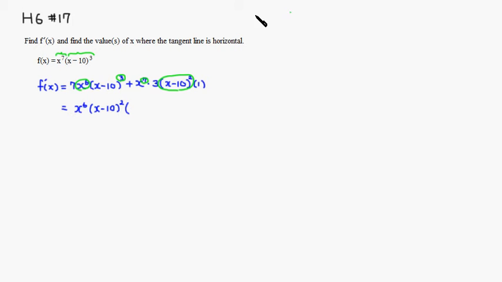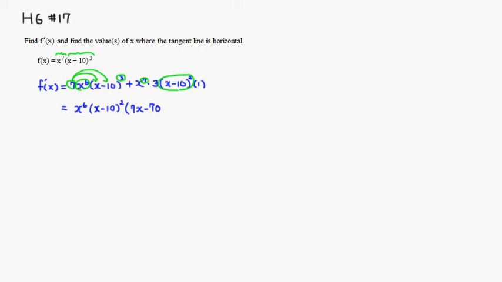So we have 7 right here. So 7 times x will give us 7x, and 7 times negative 10 will give us negative 70.